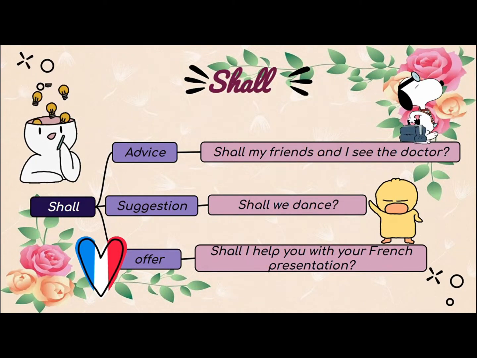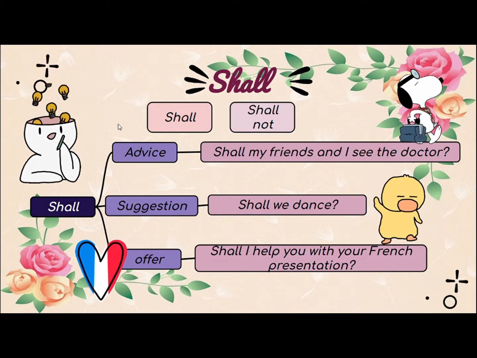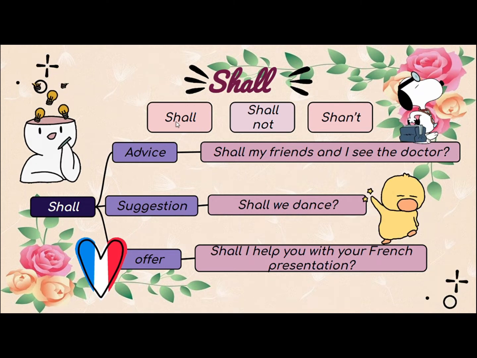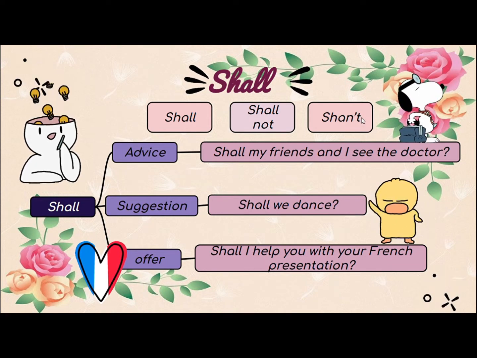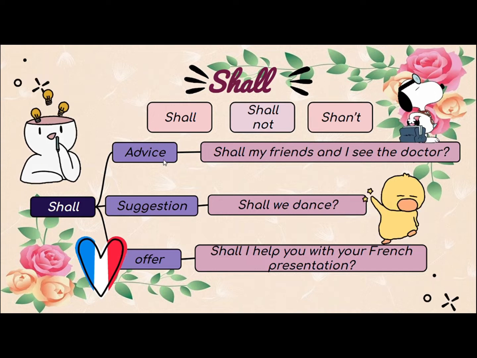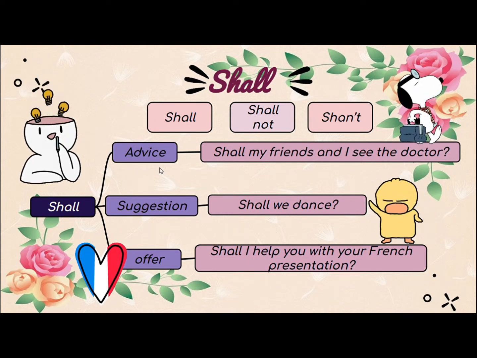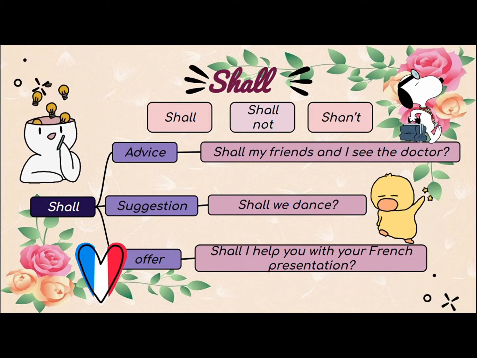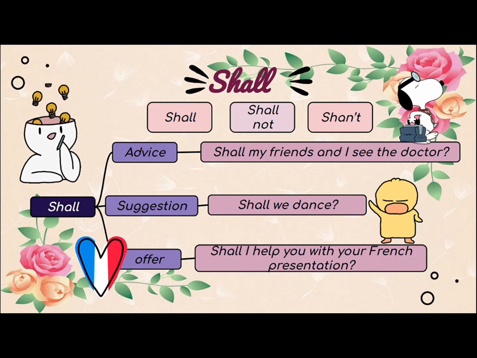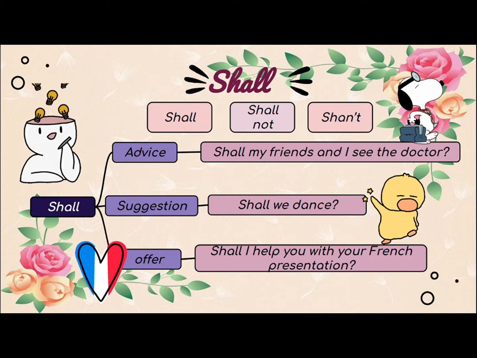Shall. Positive form shall, negative form shall not, and the contraction form of the negative form shan't. We use this modal verb to express an advice. For example, shall my friends and I see the doctor? To express a suggestion as well. Shall we dance?